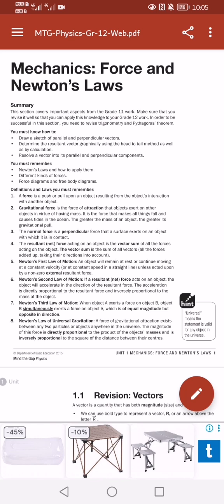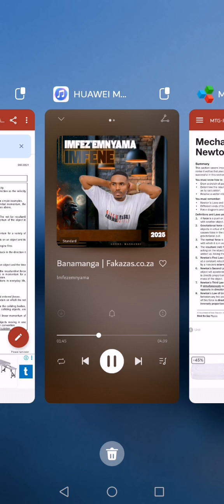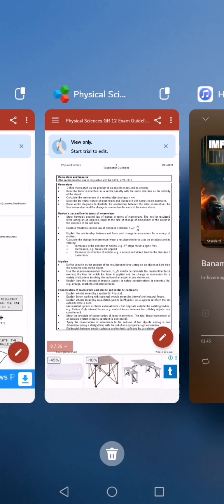Alright, looking at those definitions, you must just understand those definitions, but I will suggest that you look at the examination guidelines.